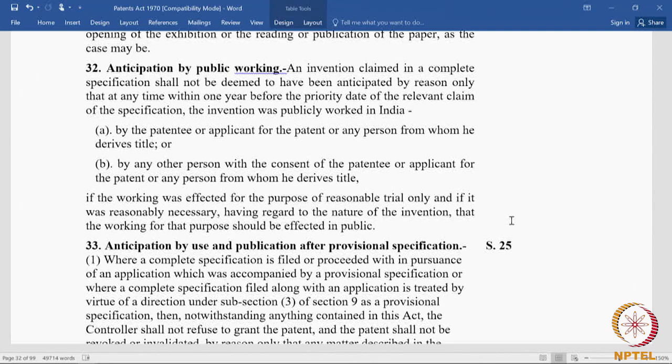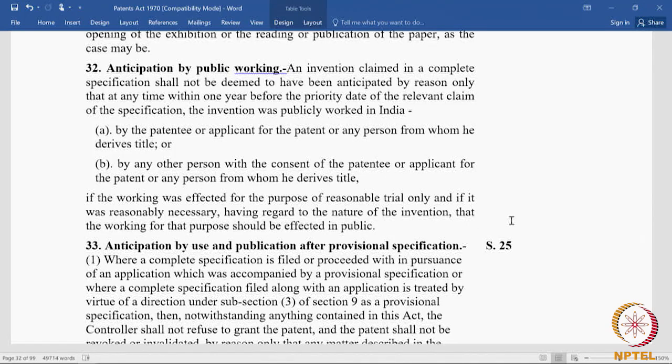There is a judgment in the Yahoo case where they say that beta testing of a software will come under section 32. There is actually a finding saying that this will be covered under public working, but when the provision was drafted, it was meant for mechanical inventions, but it could be extended for other things also. But if you have to make the test and the test can only be effected in public, then this provision will apply.